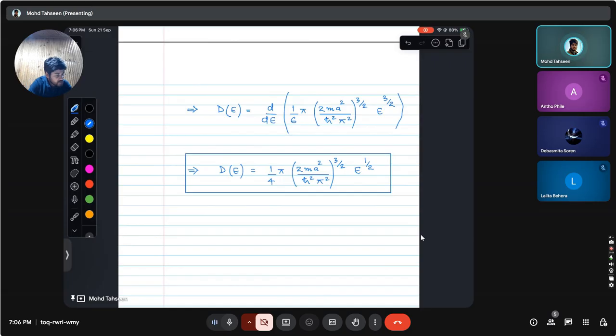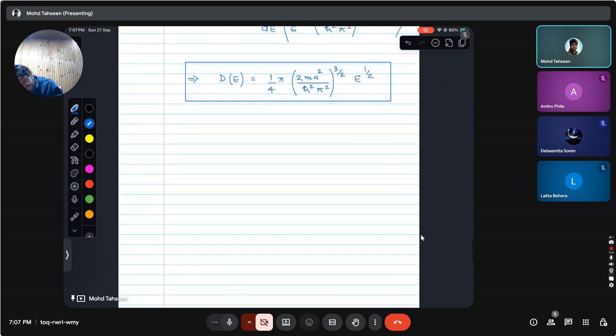Okay, so this is the expression for the density of states, right? What does this expression give us? The density of allowed states corresponding to an energy level E. And what does that mean mathematically?